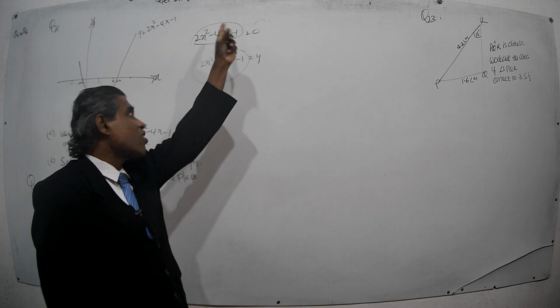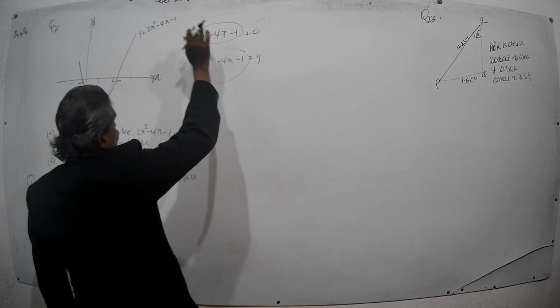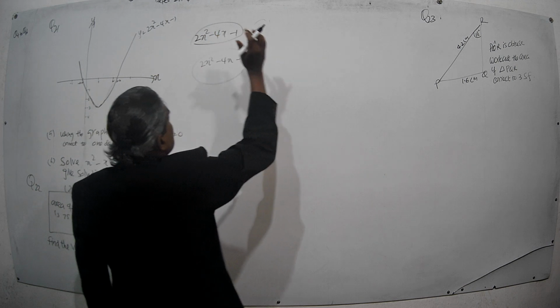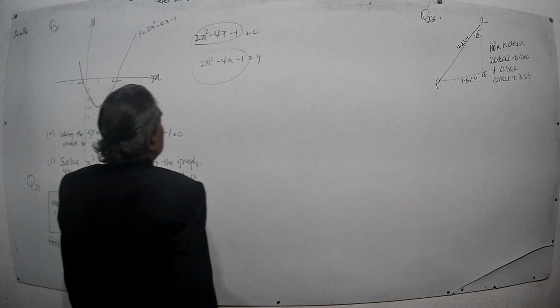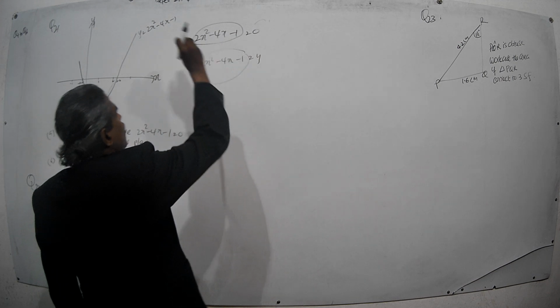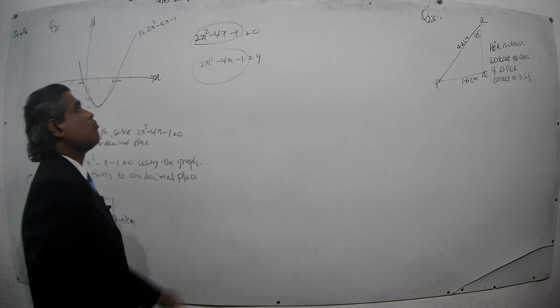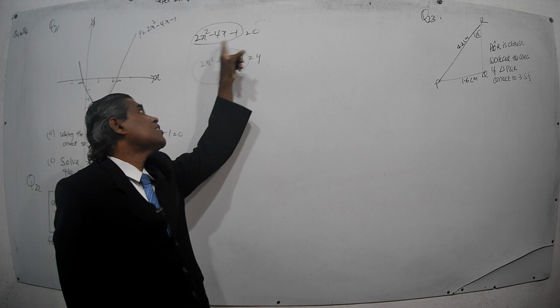Then to solve this quadratic equation, we have to find the x values. Solving this equation means finding the x values when this whole thing is equal to 0. They have obtained this quadratic equation from this graph equation by putting 0 instead of y. That's why these two are equal.